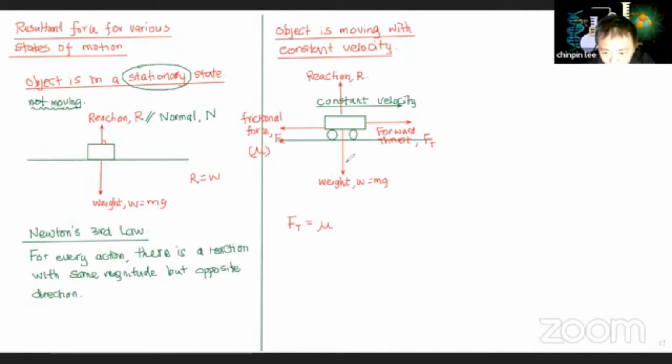And the forces upward and downward will be the same. R is equal to W. We call it equilibrium. Now, remember, for equilibrium, the object must not be moving, or if it is moving, it must move with constant velocity.